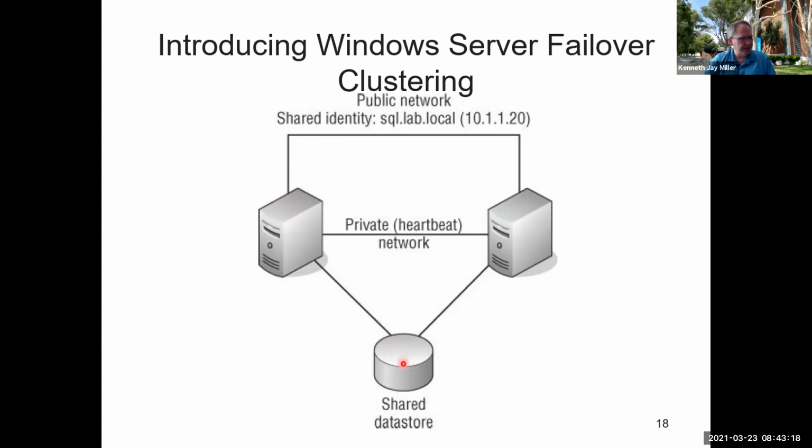So everything goes from the data store to the server to the network, and then vice versa. And when it fails, the client doesn't really care as long as the data is still available. It really is irrelevant to the end user where the data came from, as long as it's the correct data, and then we're happy.